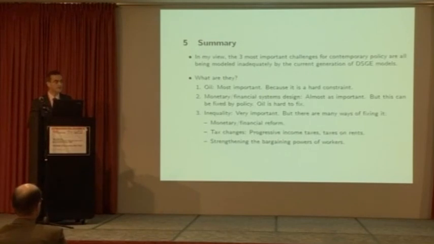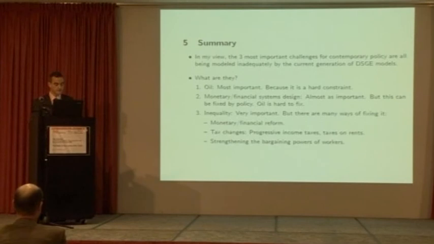Monetary financial systems design, I have second on the list. It is almost as important, it's huge, but it can, in principle, be fixed by policy, even though that is also extremely hard, as we all know. Inequality is also very important, but there are many ways of fixing that. Not just with monetary financial reform itself.